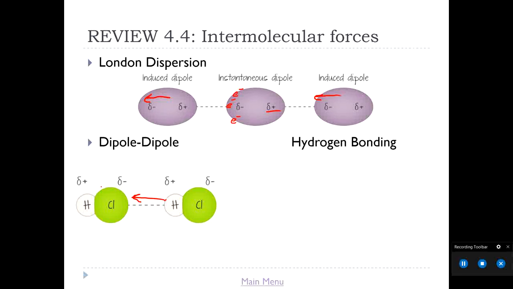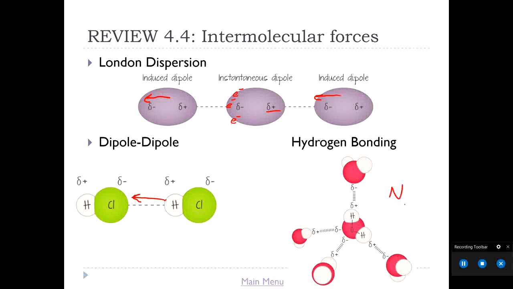And the strongest of these intermolecular forces is hydrogen bonding. Hydrogen bonding is more or less just a stronger version of the dipole-dipole. So we have to have a molecule with a permanent dipole present, but that molecule, to be classified as hydrogen bonding, must have a hydrogen attached directly to nitrogen, oxygen, or fluorine.